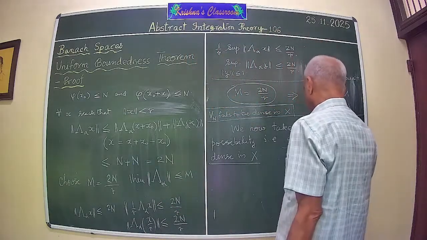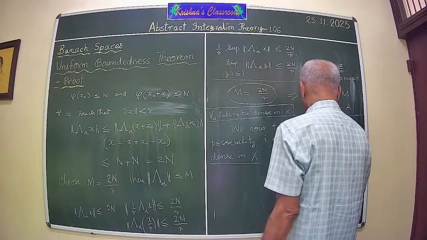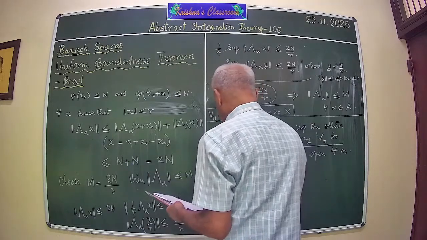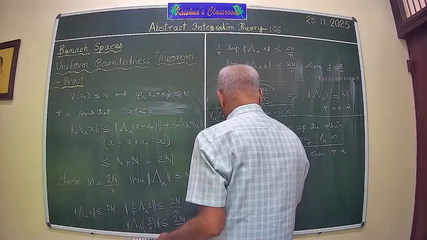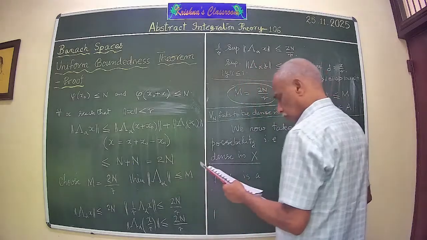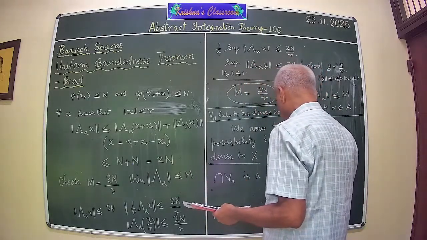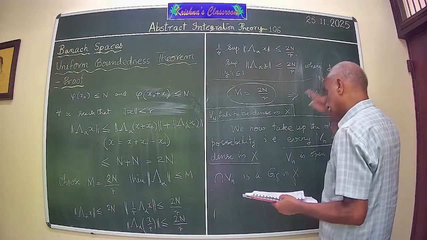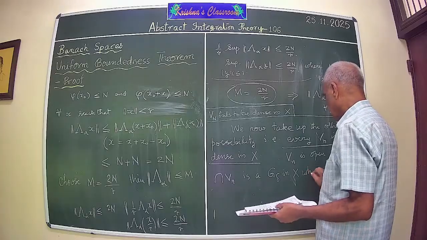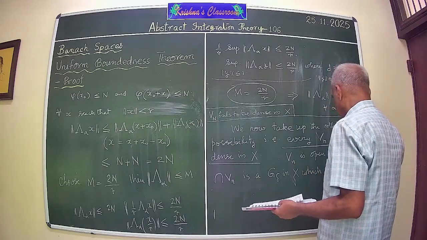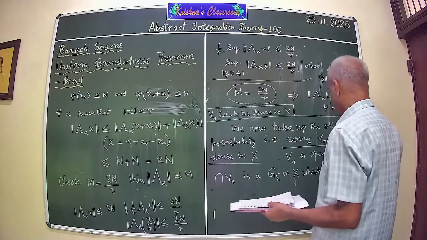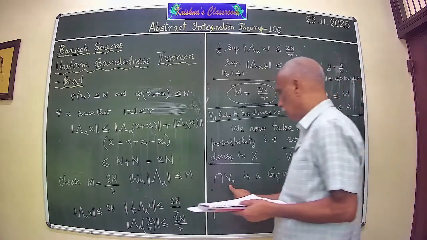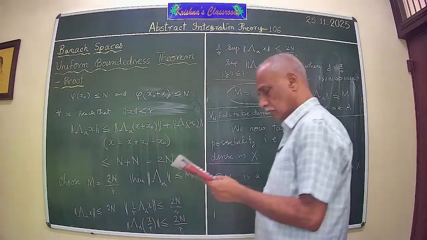Now Vn is open for every n. Therefore, you see that intersection Vn is a G delta set, because each Vn is dense and you are taking the intersection over n of this.